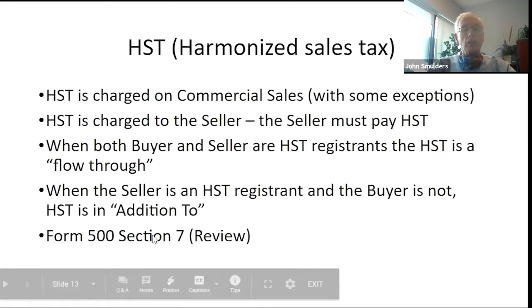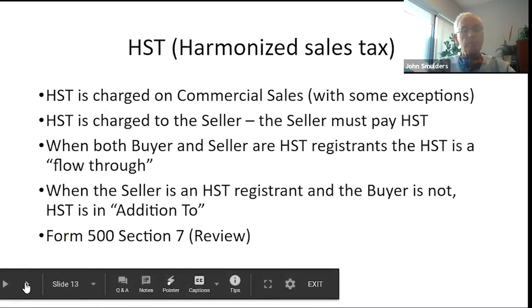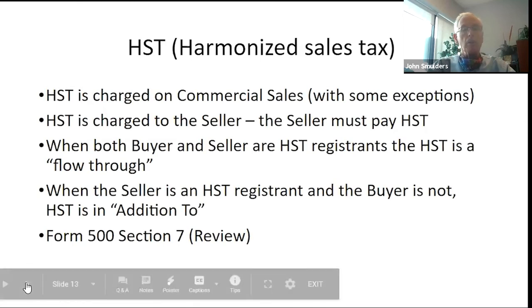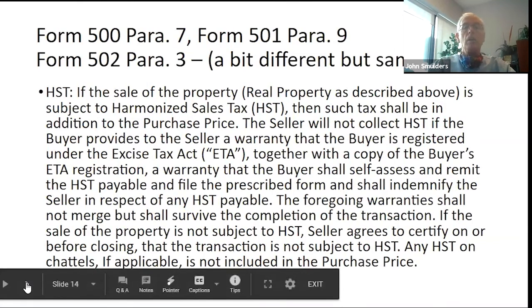Form 500, Section 7. Form 500 is the agreement of purchase and sale for a commercial, okay? There's also Form 501, which is condos, and 502, which I believe is assignments, I think. Can't remember off the top of my head.